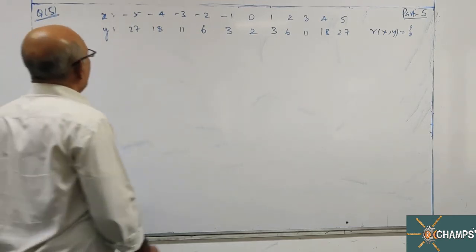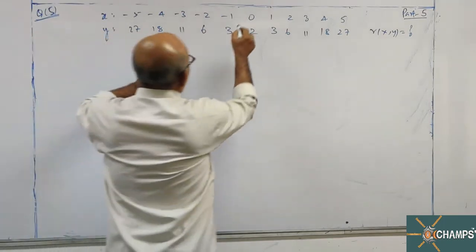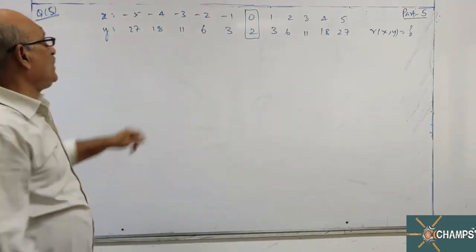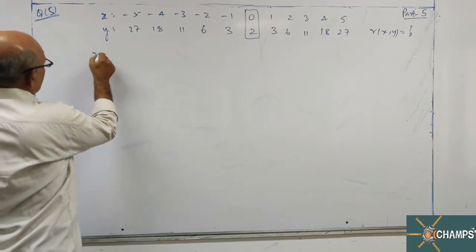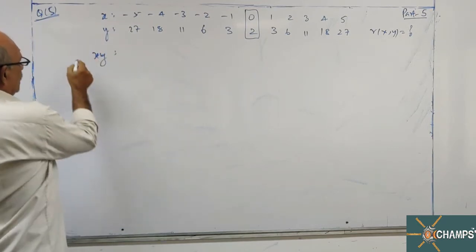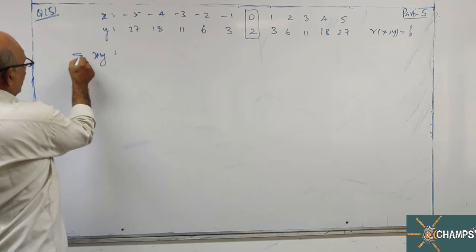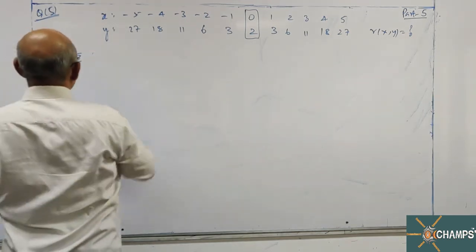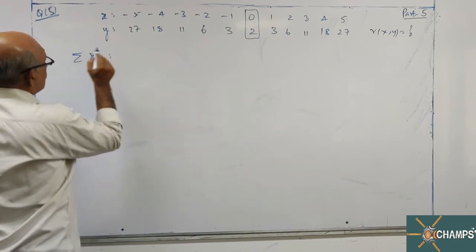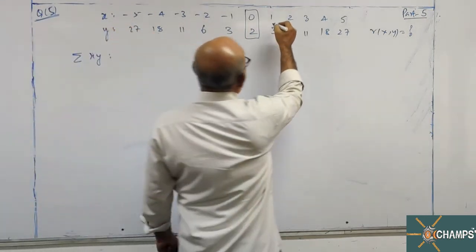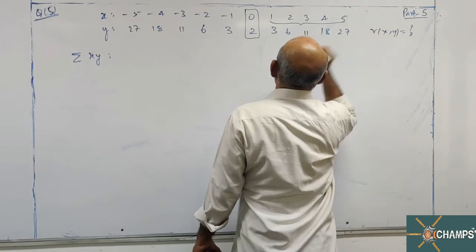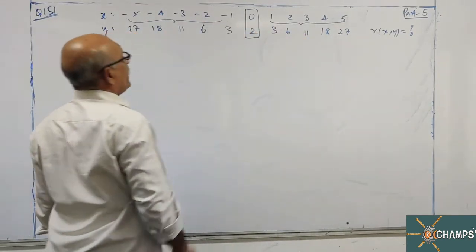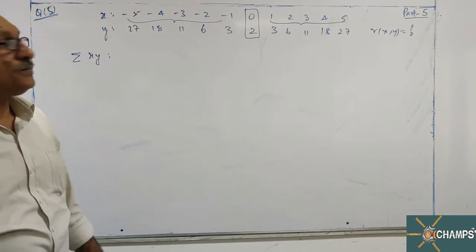Okay. Now look at this one. This is 0 anyway, 0 into 2 is 0, the xy value. Summation of xy in fact. Now, right hand side it is 1, 2, 3, 4, 5. Left hand side it is -5, -4, -3, -2, -1.